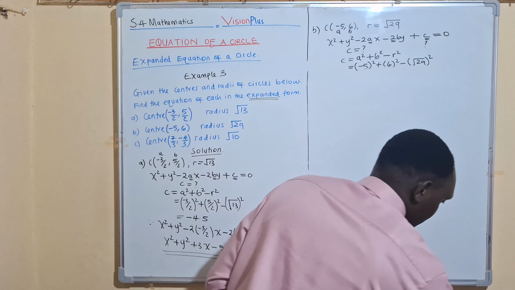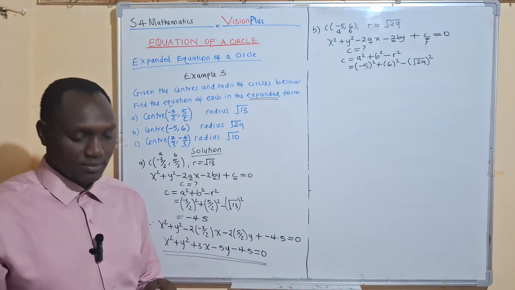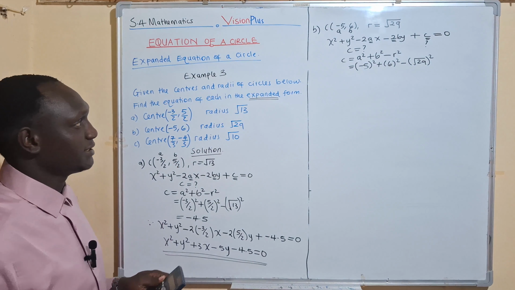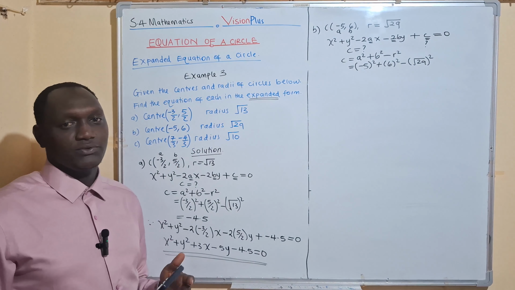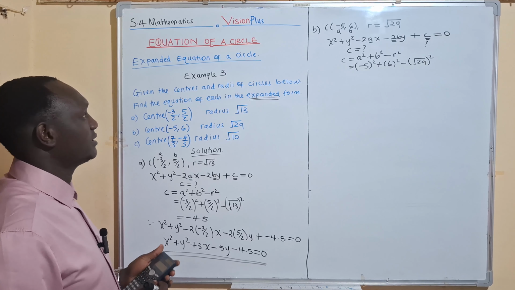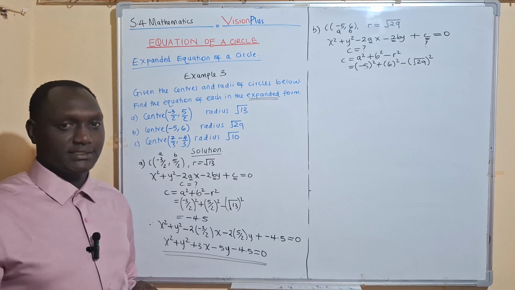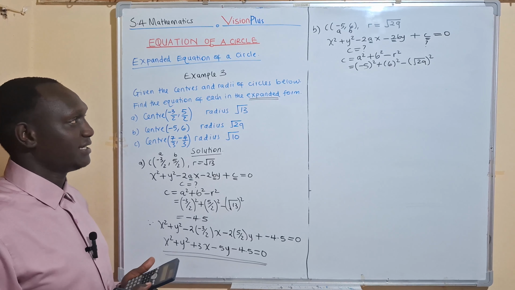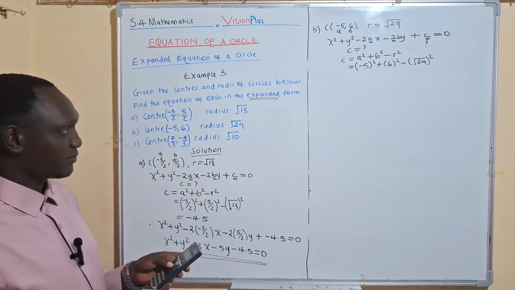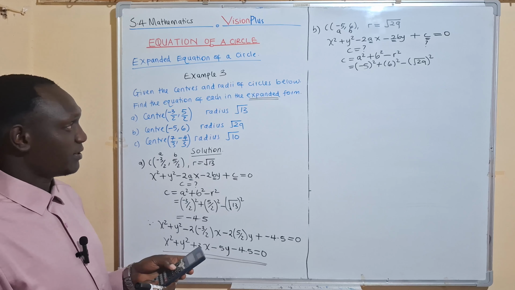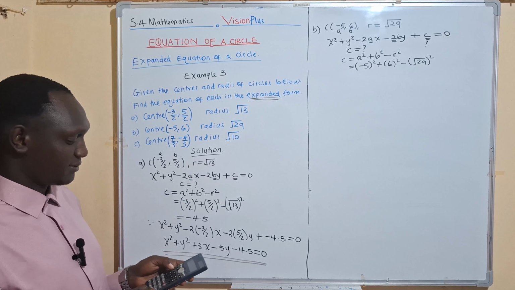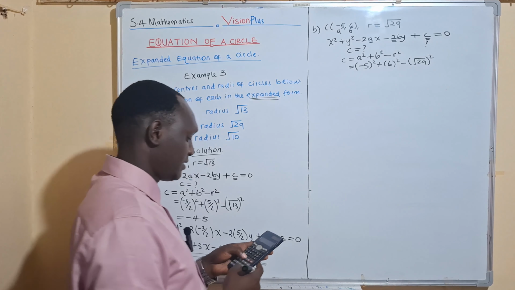Then you press the calculator. Some of you do not have calculators and you are here saying that you are going to learn equations of a circle. Please, you must have a calculator in senior 4. 5 squared plus 6 squared minus 29.